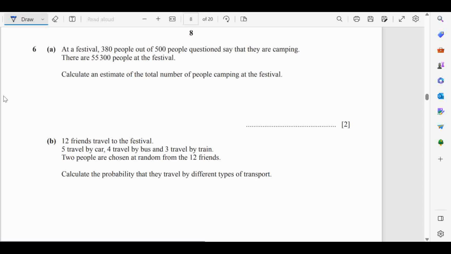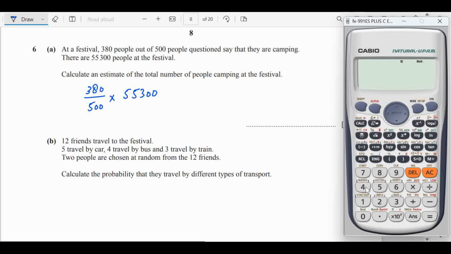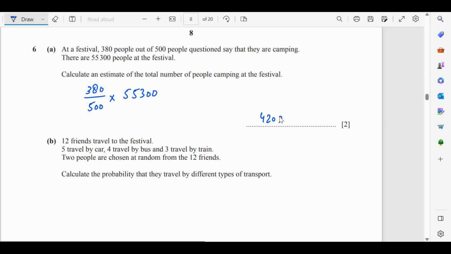We can write it as 380 divided by 500, multiplied by the total number of people, 55,300. So this will be 42,028. This will be the final answer.